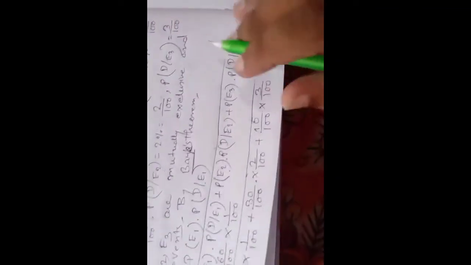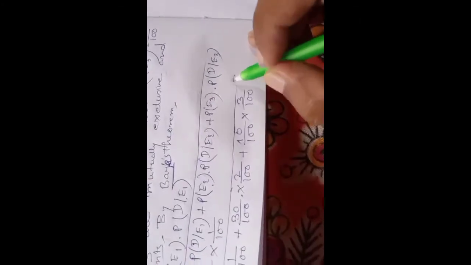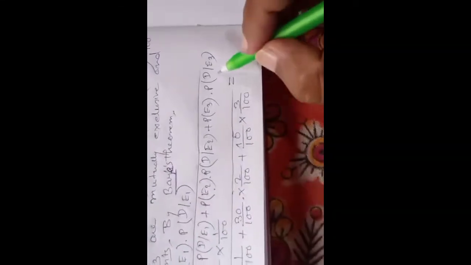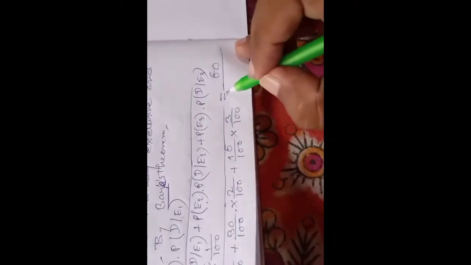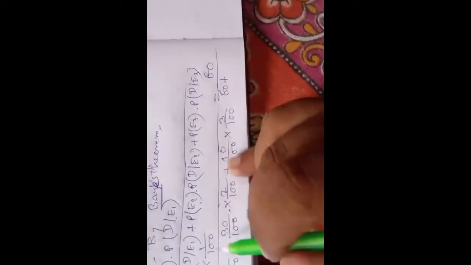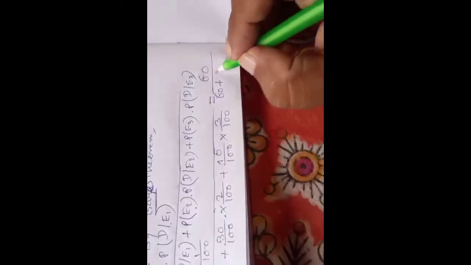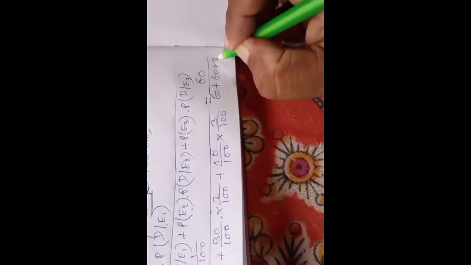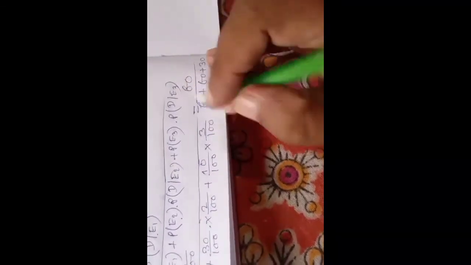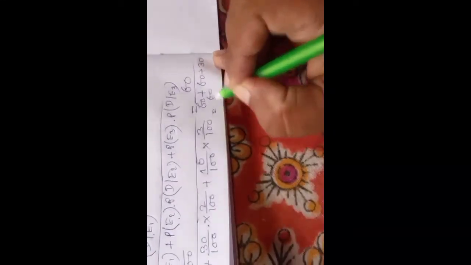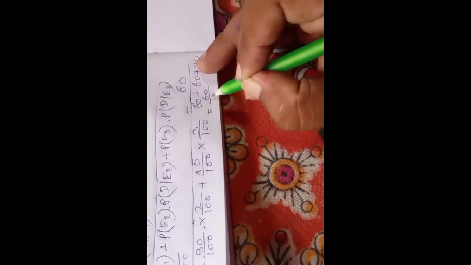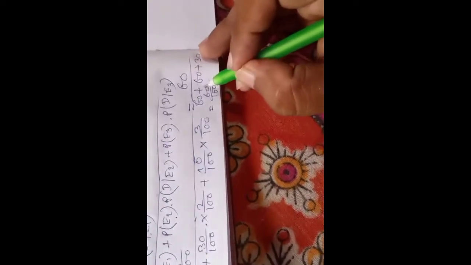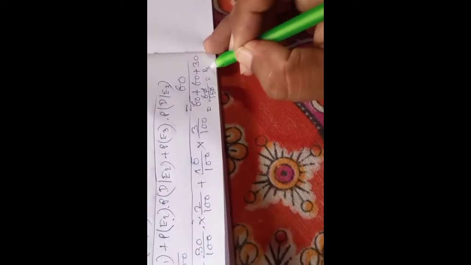Next is our calculation. If we calculate here, this equals 60 by 60 plus 60 plus 30, that is 60 by 150, which is 2 by 5.